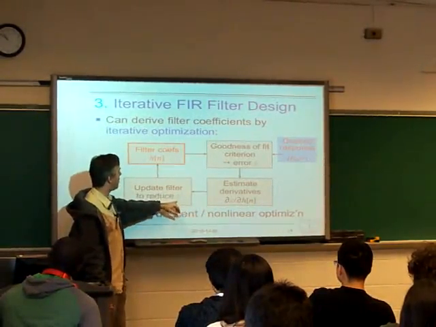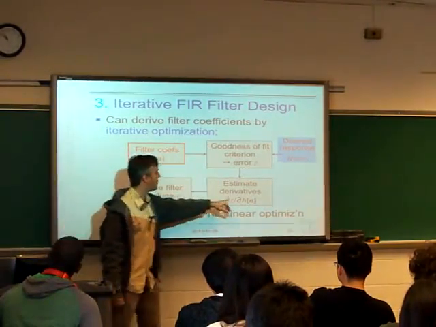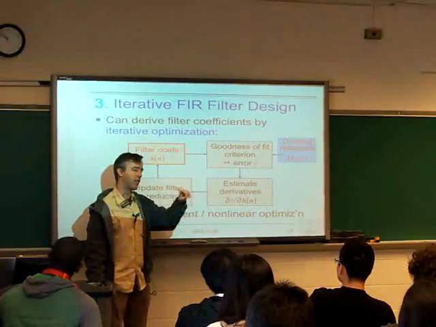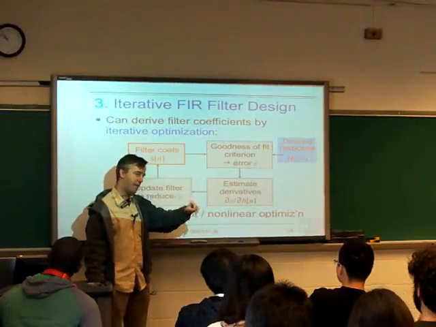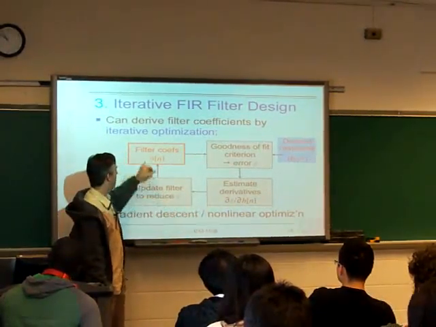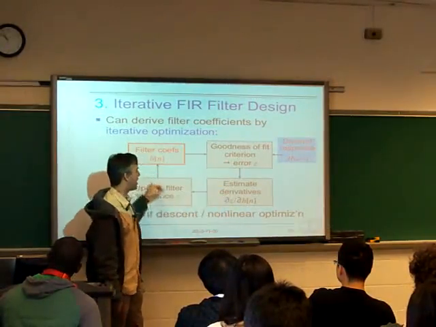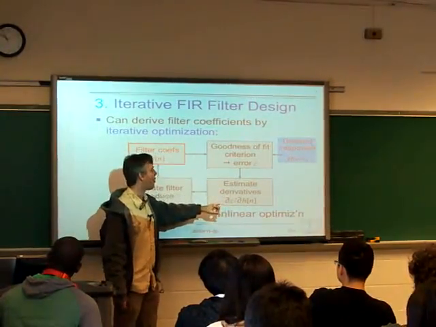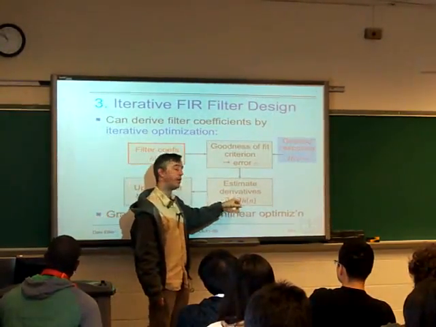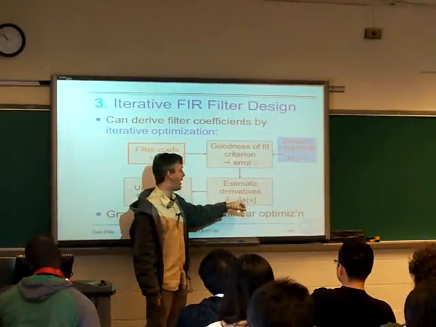And then we could update the h values so they move in the direction that reduces epsilon. We could do it by a small step, and then we could repeat. And if we take small enough steps, then we're going to arrive at some local optimum in h.